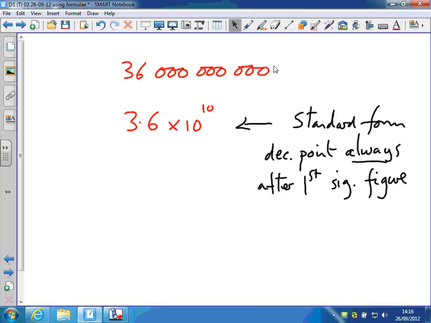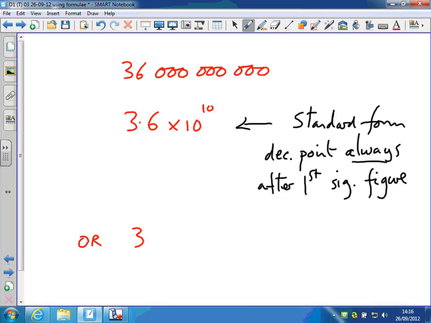In engineering notation, similar, but we've got a choice. We can move the decimal point where we like. And what we do is we move it so that the number in the power here is a multiple of 3, because that fits in with the prefixes like mega and kilo and so on. So that's not in engineering notation because it's a 10.